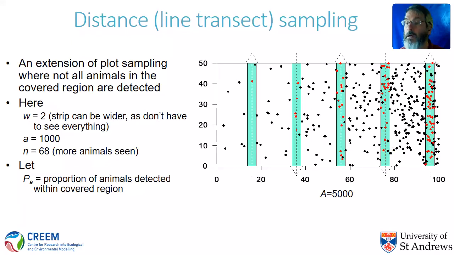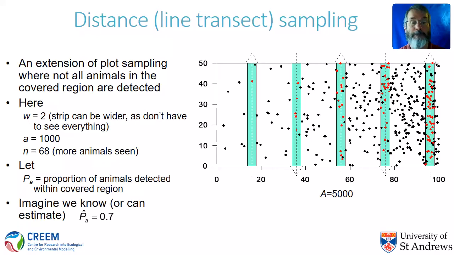And so what we need to do is estimate the proportion of animals that were detected inside the green region, because it's no longer 100%. It's some fraction of 100%. And that piece of information is going to be critical to allow us to produce our estimate of abundance.